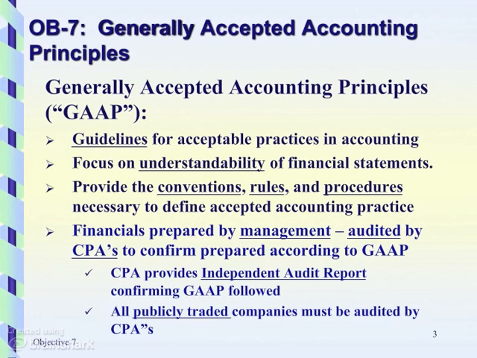The CPA essentially provides an independent outside report stating whether or not they believe, in their opinion, the business has followed GAAP. All publicly traded companies are required to submit an audit.